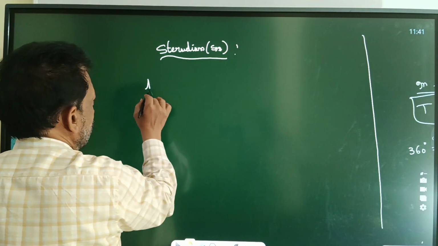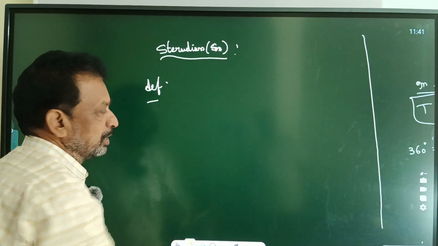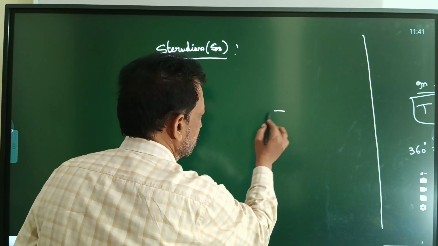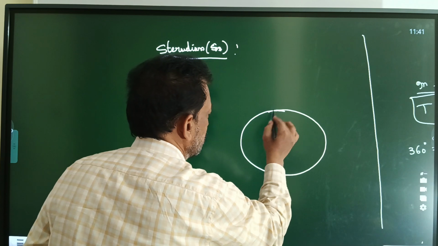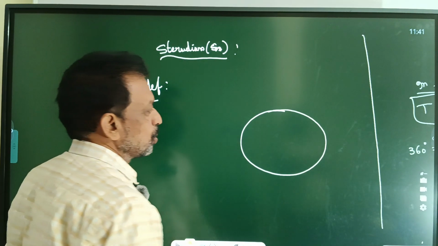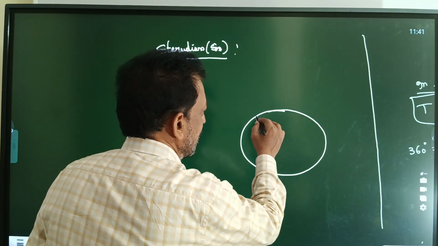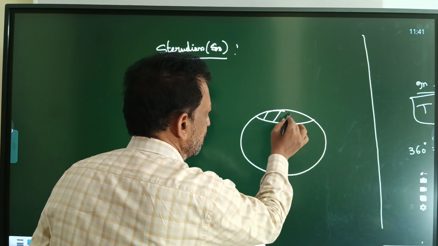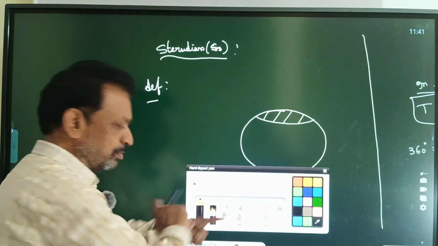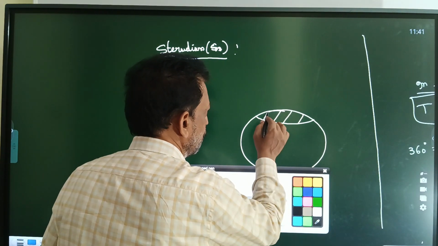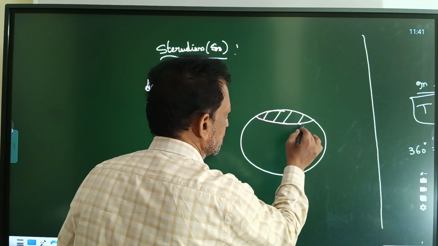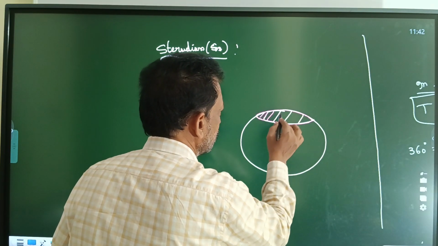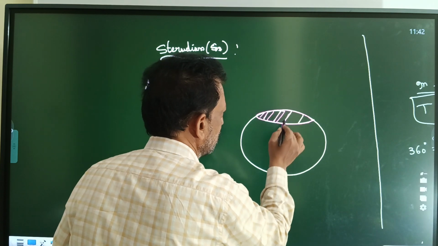Before writing the definition, I will try to show how the definition is derived. Take a solid sphere and cut a piece equal to 1 square meter area of it. This piece I am now removing.